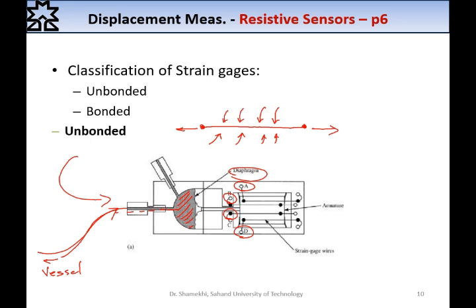Therefore, if the pressure of the blood pushes the diaphragm from the left to right, this bar will transfer the pressure to the moving part of this sensor. We have a backing here which is fixed, and a moving part here.